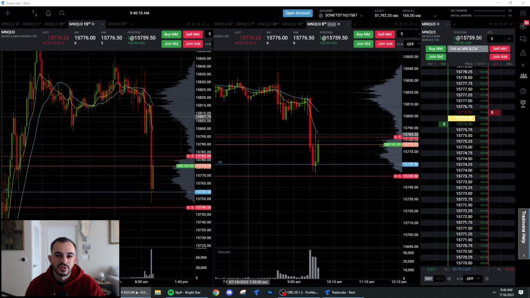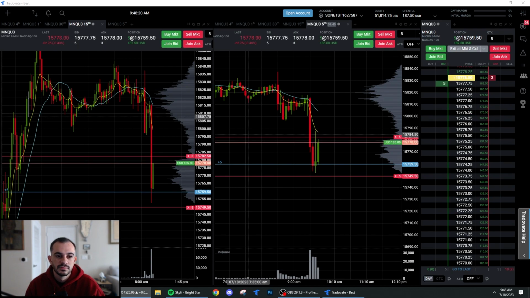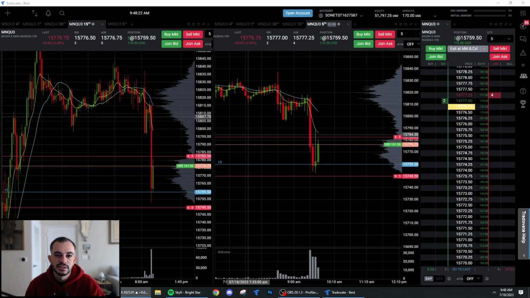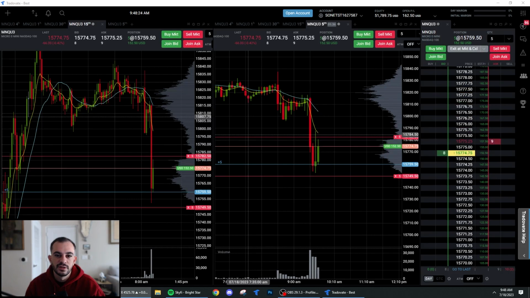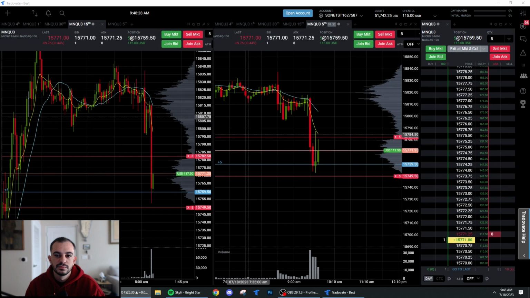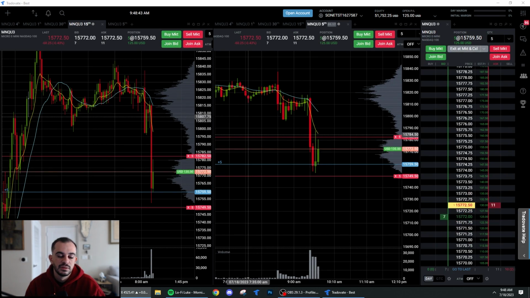Definitely trying, that's for sure. Get that. This level isn't even, it's just a little bit under the 9, gives a little bit of room. Probably should have taken it there since it didn't hit. It's not a specific level. See if we come back up there. I have no problem taking it off.